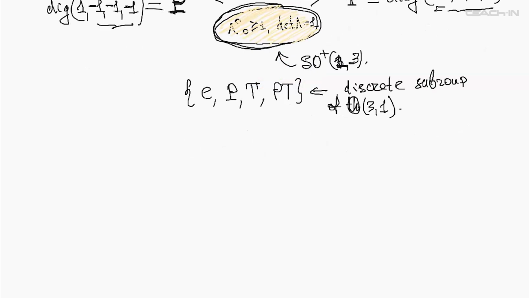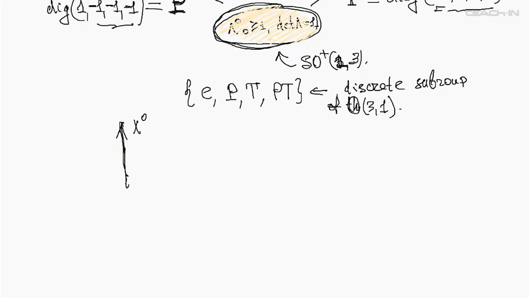And in addition, there are 3 boosts, which involve 1 spatial direction and the time direction. So roughly speaking, if you have a 4-dimensional Minkowski space, like for instance, we draw the direction of time here, x0, and then there are 3 spatial directions with coordinates x, y, and z.